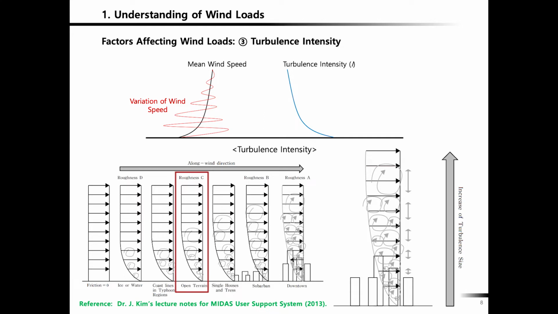It's very consistent. The turbulence scale is large, but then there's a slight variation with respect to the mean speed. Suburban area is defined as a roughness B category. So, I mean, in this graphical presentation, you can get a sense of turbulence intensity in the scale.